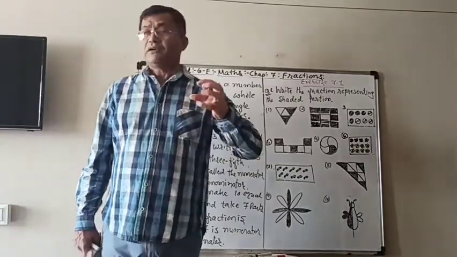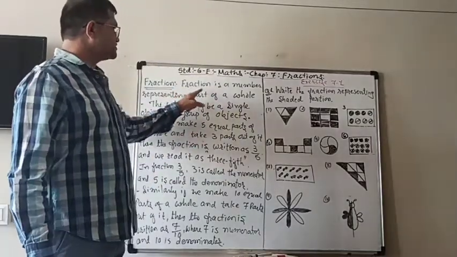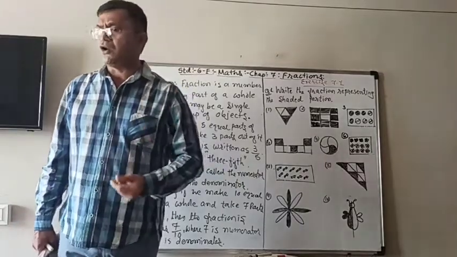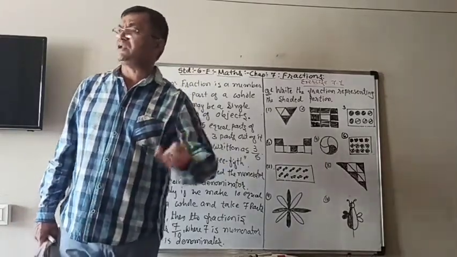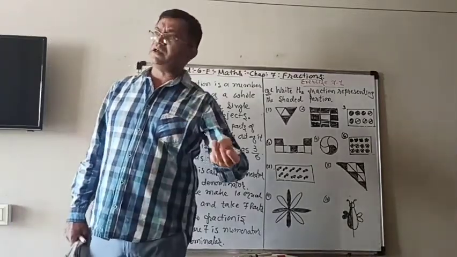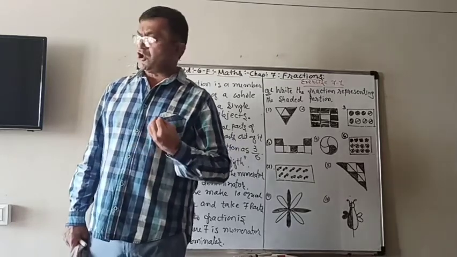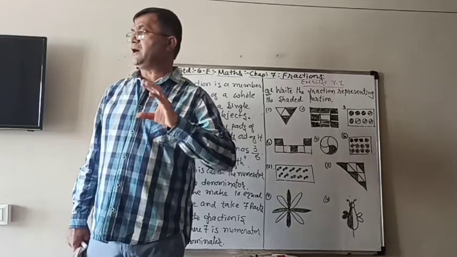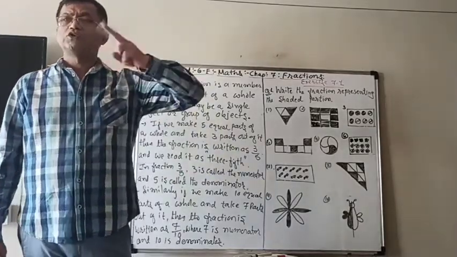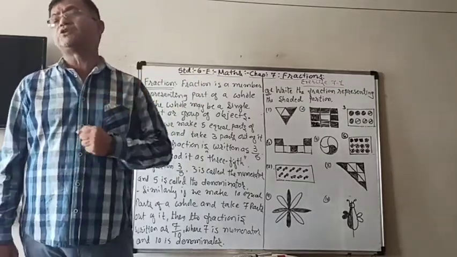Now, what is a fraction? We know that a fraction is a number. It is also a number, just like the numbers you already learned, like natural numbers, whole numbers, integers, etc. This is also a number, but it is a different type of number which has two things, denominator and numerator.